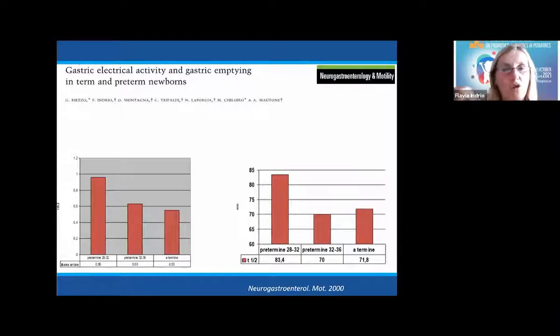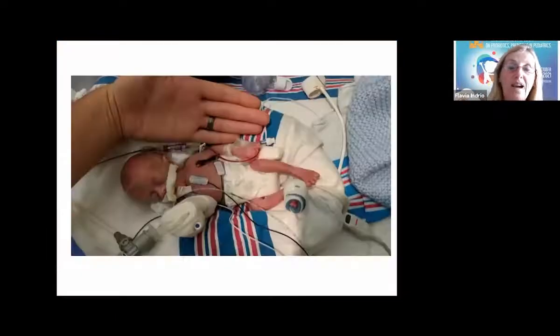And this was also about gastric emptying, so we checked the motility with electrogastrography and ultrasound, but again, this was 20 years ago, and that was the period when the kind of newborn that we are dealing with now did not exist, did not survive.